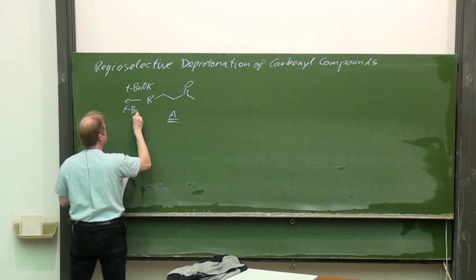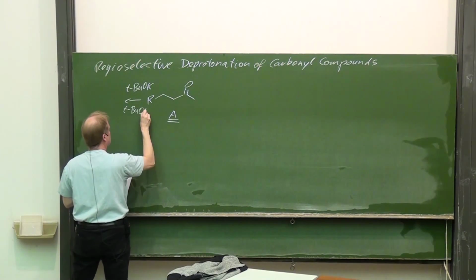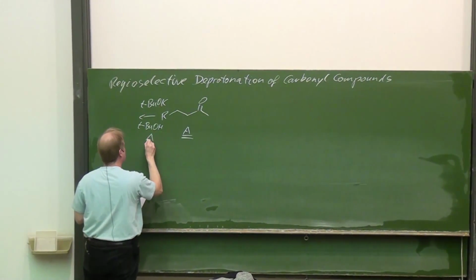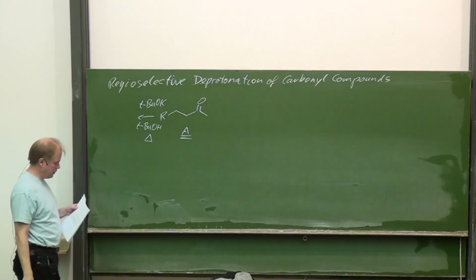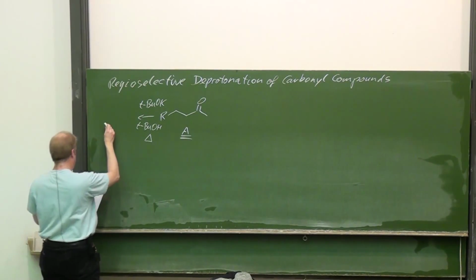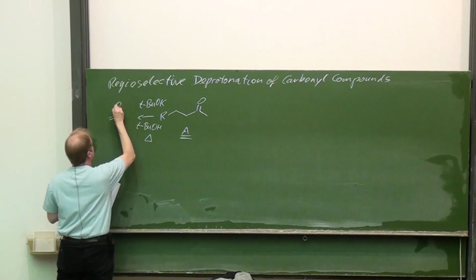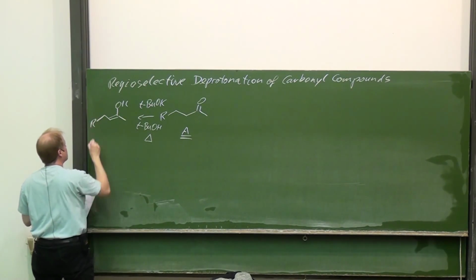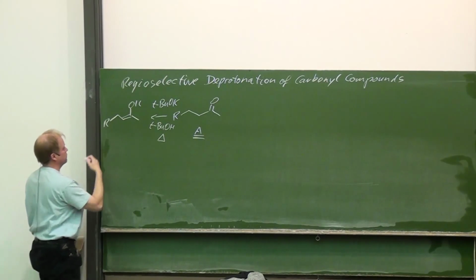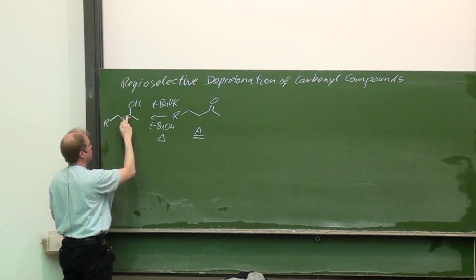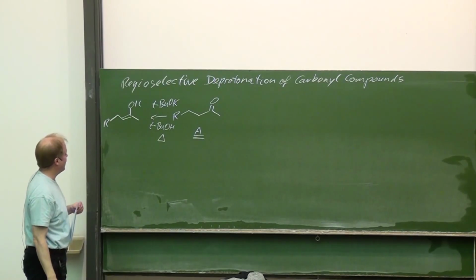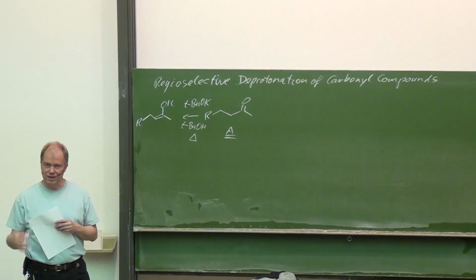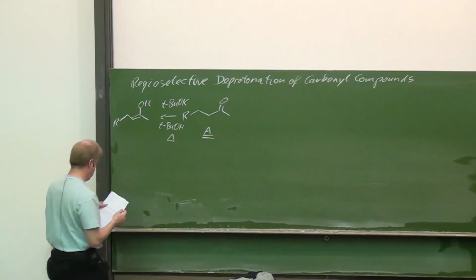Usually, or often, this is done in tertiary butanol as a solvent, and we use elevated temperatures. Then we will get a potassium enolate, predominantly this one with the double bond located here, the higher substituted double bond, and therefore thermodynamically favored.